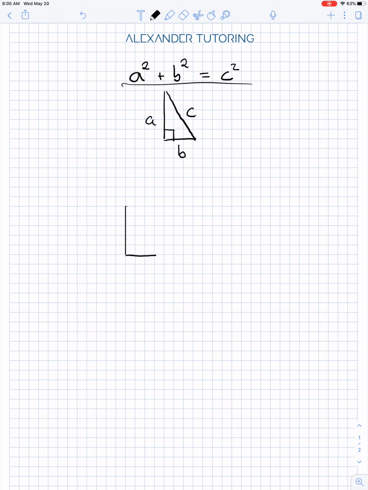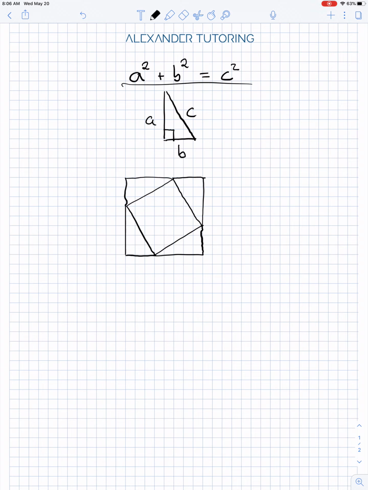And then, boom. There's one right triangle. And then I'm going to make another one, 5 by 3. And another one, 5 by 3. And finally, 5 by 3.